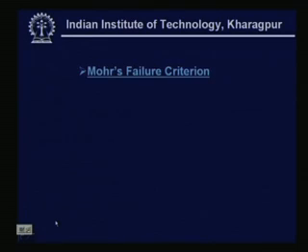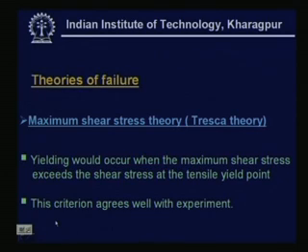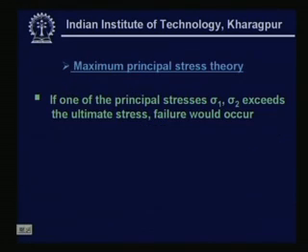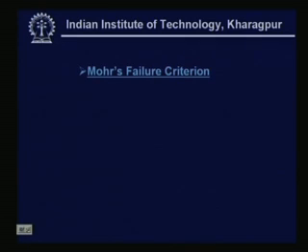That means these four theories: the maximum shear stress theory, the Tresca theory, and the distortion energy theory are both for the ductile material. Then next comes the maximum principal stress theory, and then the Mohr failure criteria.